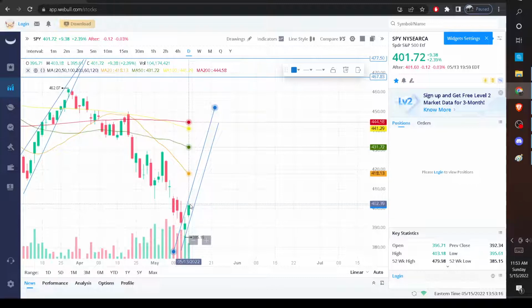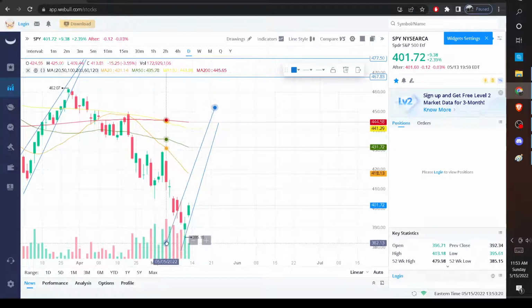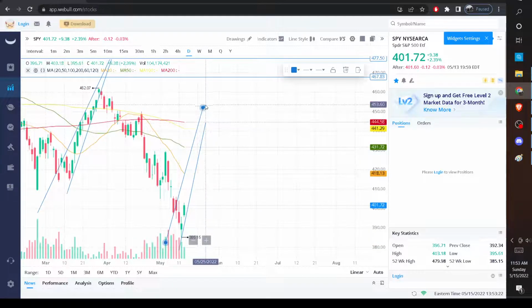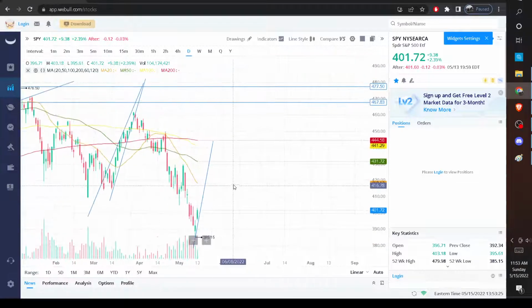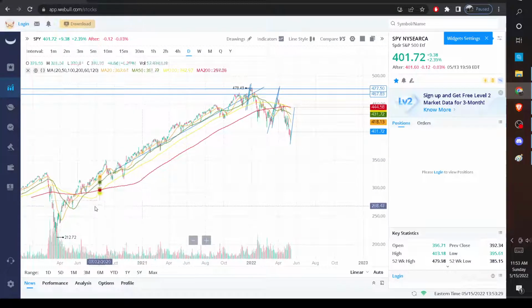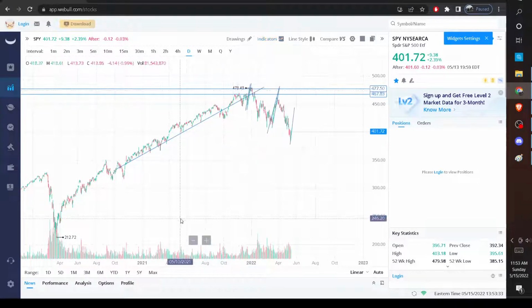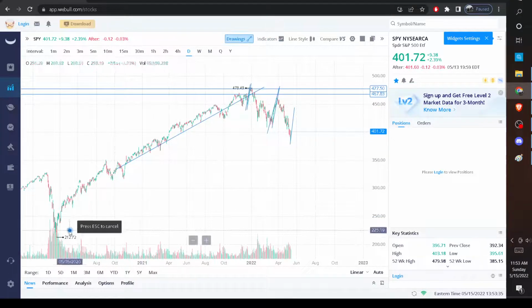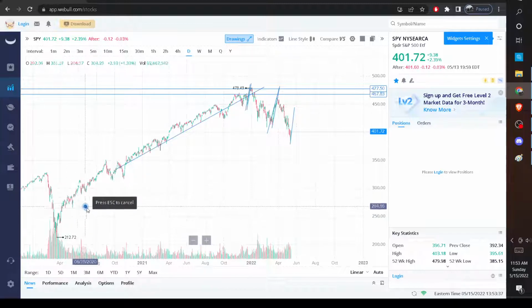So who knows what exactly is going to happen. But one thing you do always want to look at is you always want to zoom out and see if there's any larger patterns at play. So, let's just see if there is.